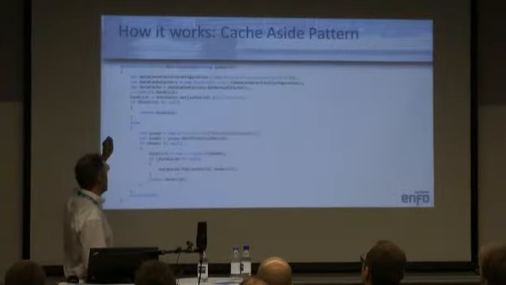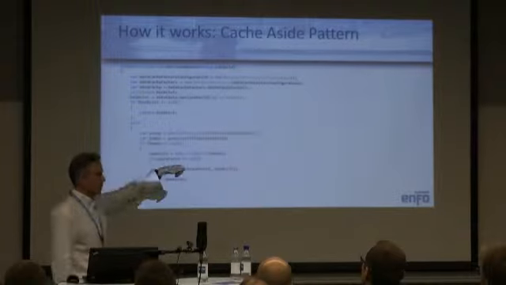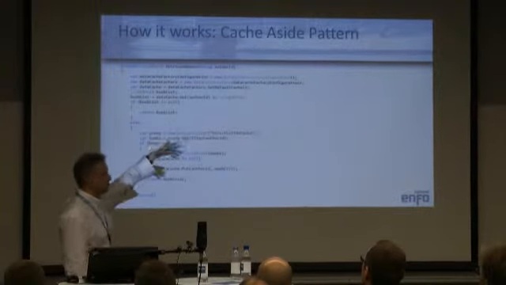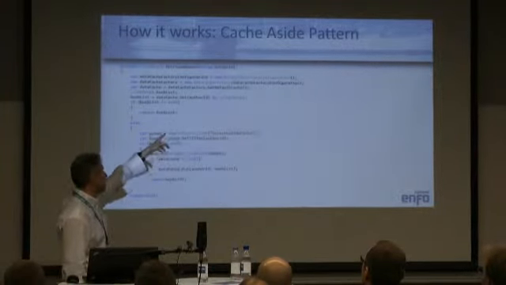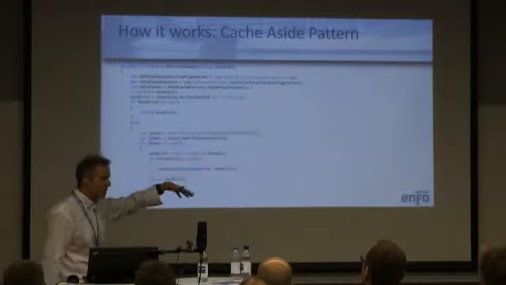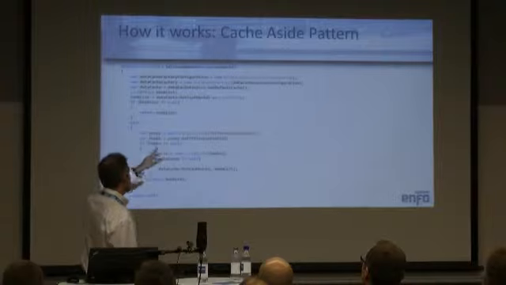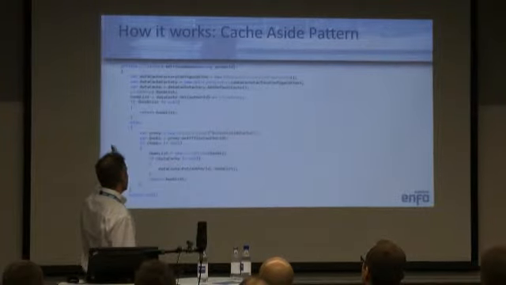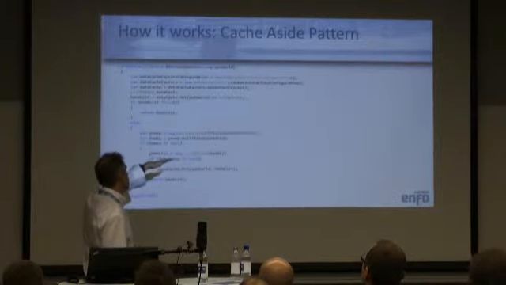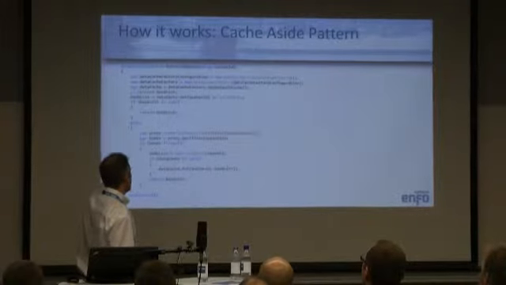That means you try to get an item from the cache, like in this case, a list of books based on the author. In this case, I'm using the author ID as the key to access the cache. If the books are in the cache, I immediately return the list of books for that author.